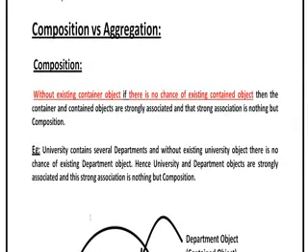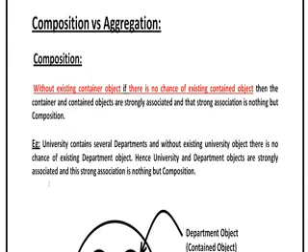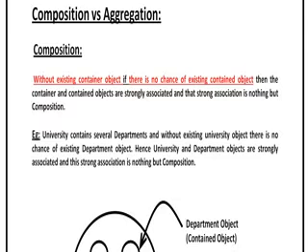Next, composition versus aggregation. Composition is where, without the existence of the container object, there is no chance of having a contained object. For example, in a university, if there is a university, then only there is a CSE department.